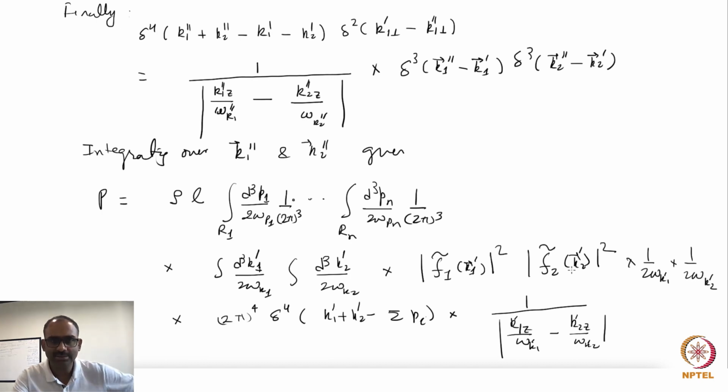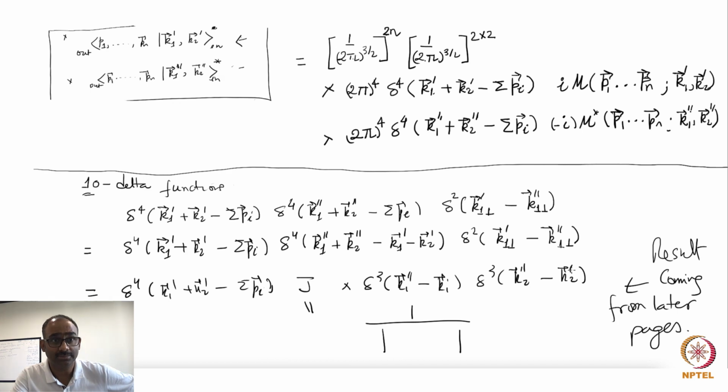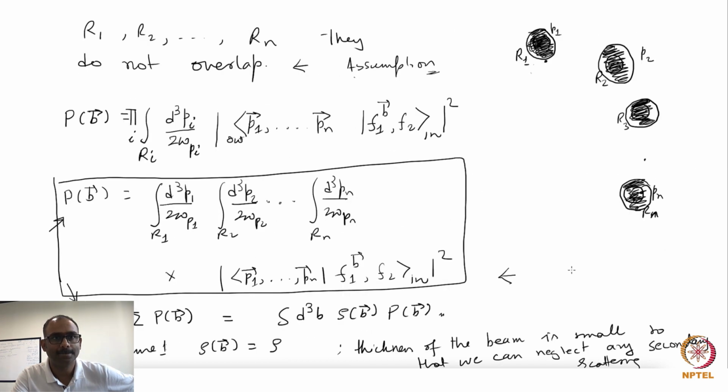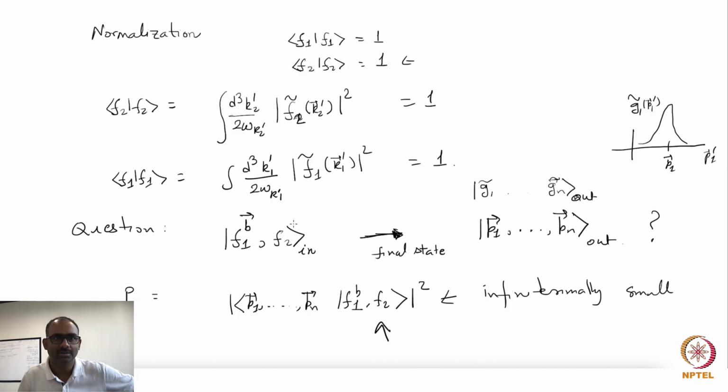We have already talked about the normalization of these functions. So what was the normalization? Here, the normalization was this. If you take f2 tilde and mod square it and integrate over the momentum divided by this 2 omega, then that gives you 1.